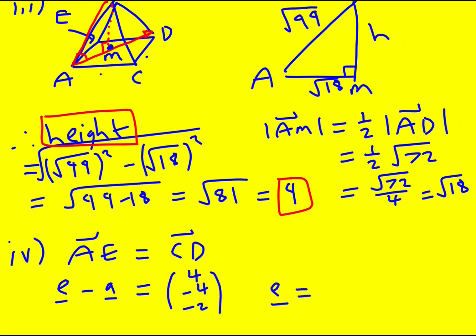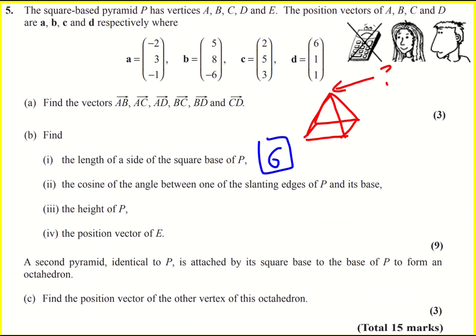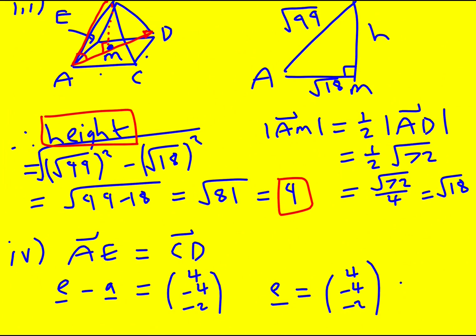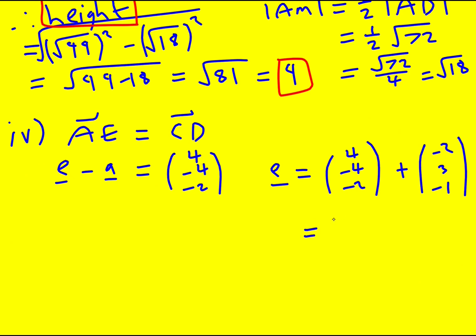And so E is going to be 4, minus 4, minus 2 plus A. That's the position vector of A. So all the way back to the top, that's minus 2, 3, minus 1. Which will equal 2, minus 1, minus 3.